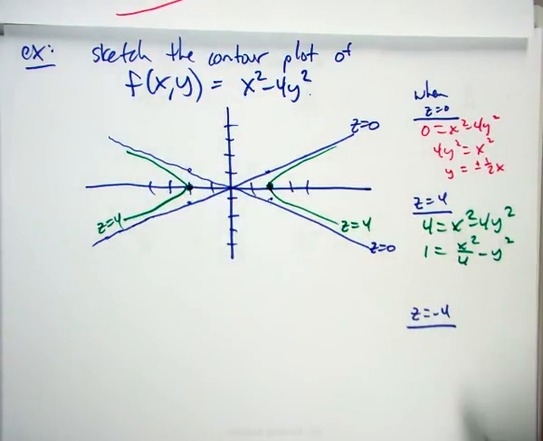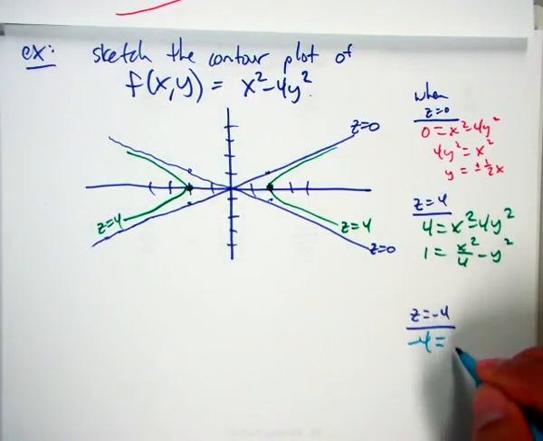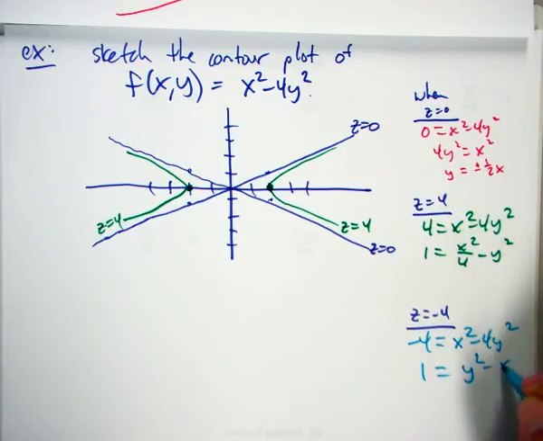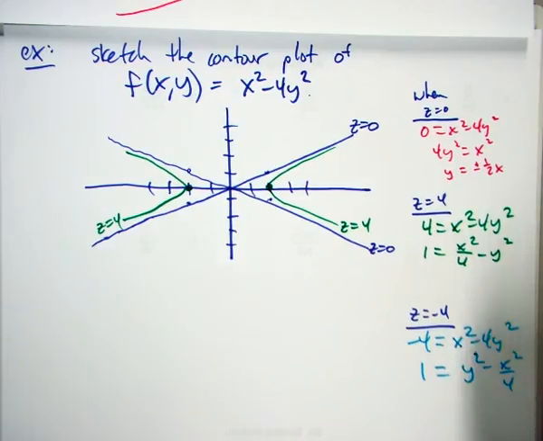If I do negative 4, it's pretty much the same story, just along the y-axis. Now we're going to open in the y direction.